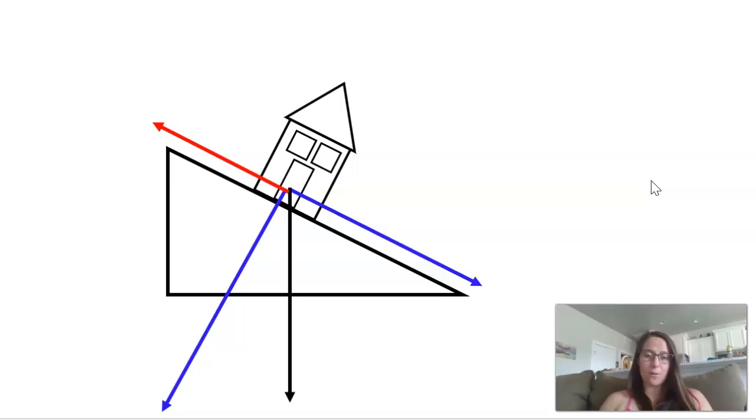Remember that what the problem wants you to do is find how heavy the house can be, okay? And remember that in previous exercises, how heavy the house can be was the same amount of pounds that the gravity force was. So however long this is corresponds to some weight that the force can basically handle. And so that means that a house, however heavy, can actually stand on this slope.